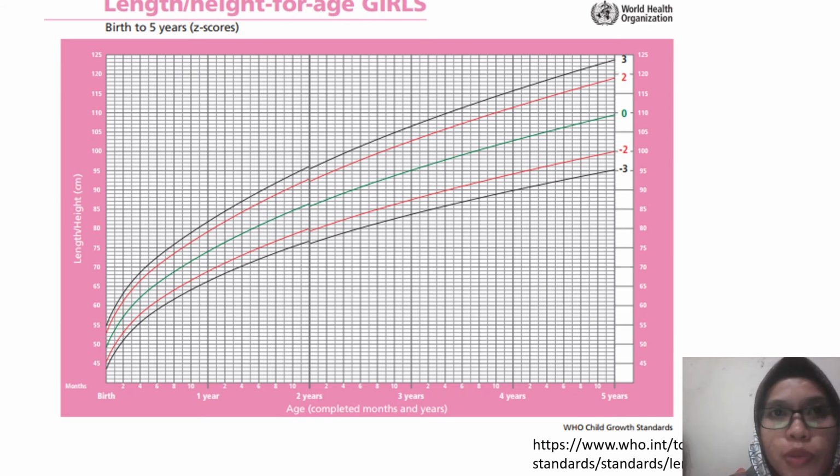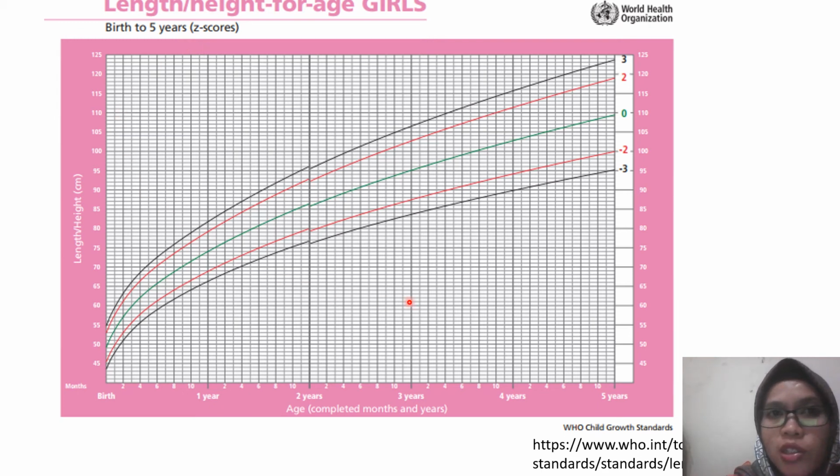There are two types of unit to assess nutritional status based on growth chart. This is the percentile and the Z-score. If we use percentile, the nutritional status data that we collect is categorical, while for the Z-score we collect data in numeric. This is the standard WHO growth chart with length or height for age for girls, birth to 5 years old.